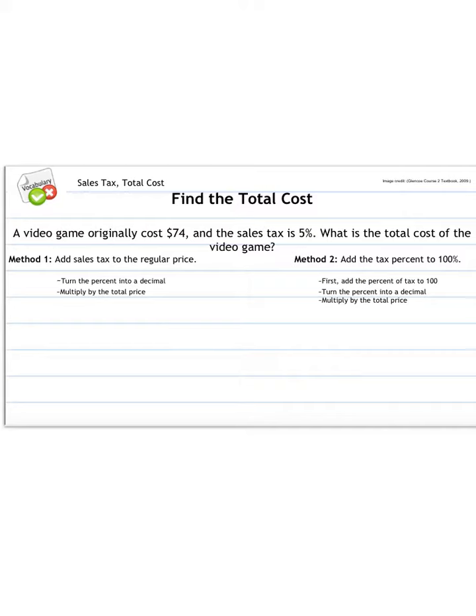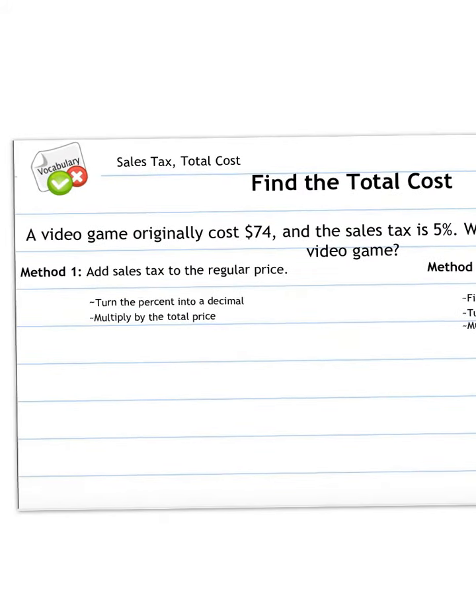So we first have to find 5% of the $74. That'll tell us the sales tax. Then we add the sales tax back to the regular price.